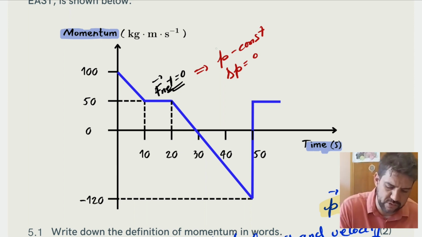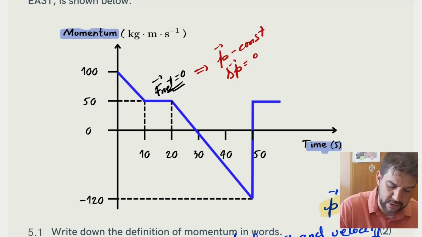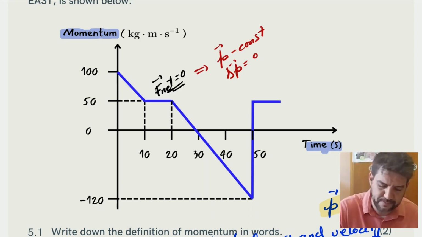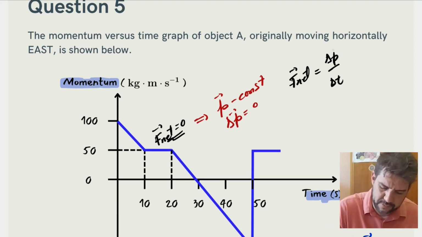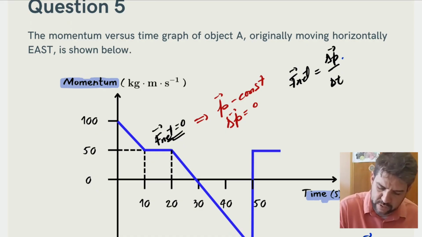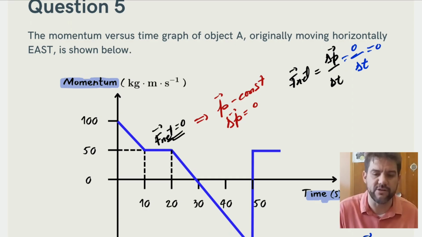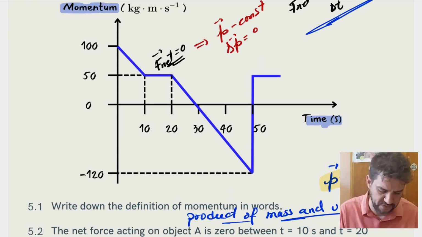We know that Newton's second law in terms of momentum is F net equals change in momentum divided by change in time. If the change in momentum is 0, when you substitute, you get 0 divided by time, so the answer is 0. So the net force is equal to 0. That is how we solve that one.